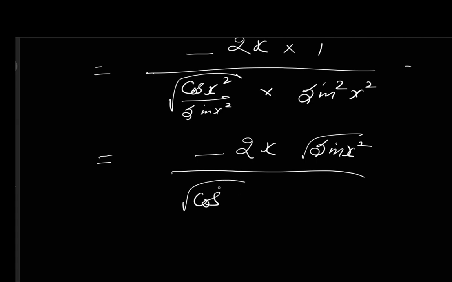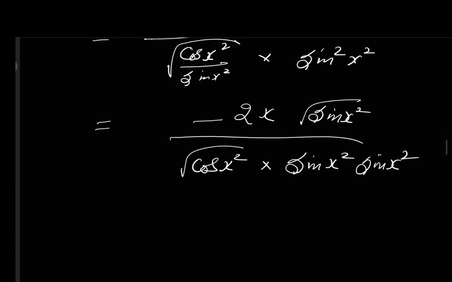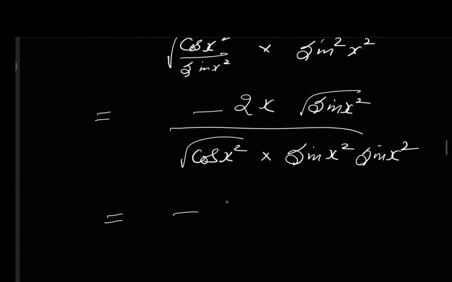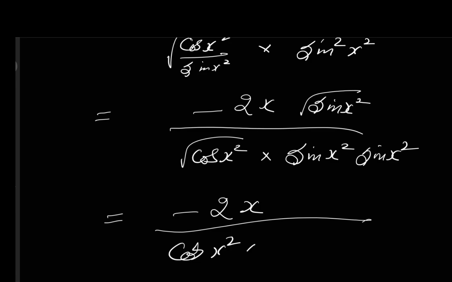So in the denominator you will get cos. And here, this is root of sine x squared, this is sine squared x squared. Let me split the term sine x squared for simplification. Sine x squared into sine x squared. So this is equal to minus 2x divided by cos x squared into sine x squared.